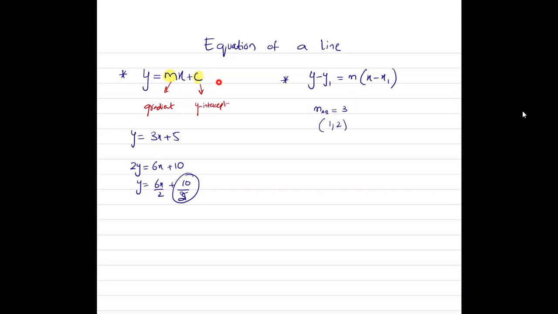Without finding the y-intercept, I can use this form. y minus y1, so y1 is 2, m is 3, x minus x1 is 1. Rearranging, you get 3x minus 3 plus 2, that is 3x minus 1.